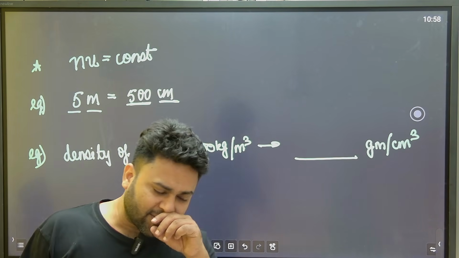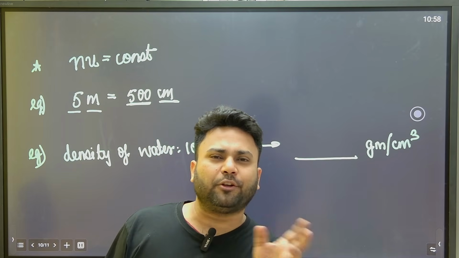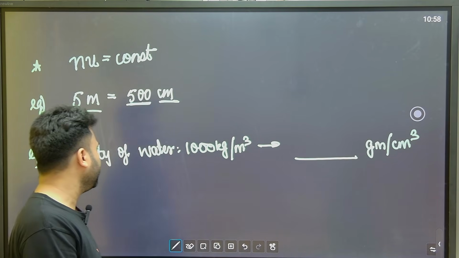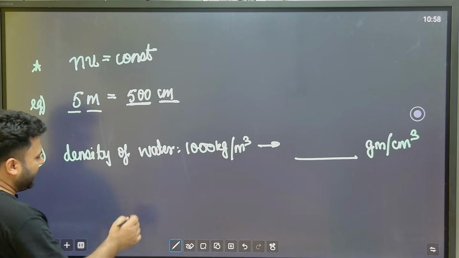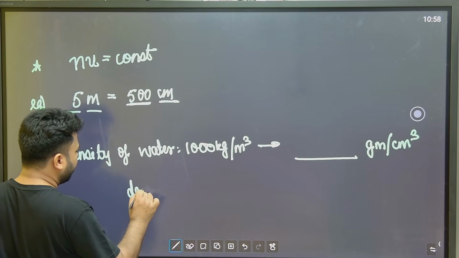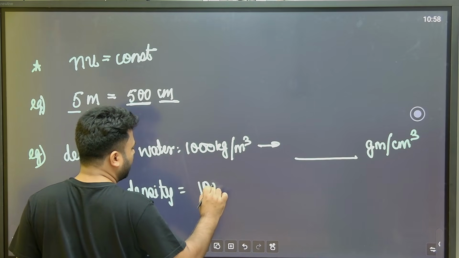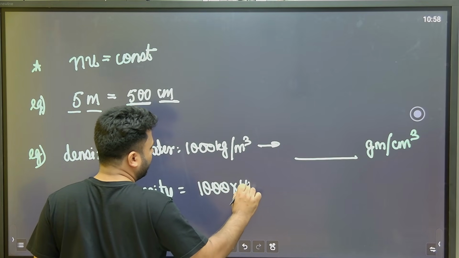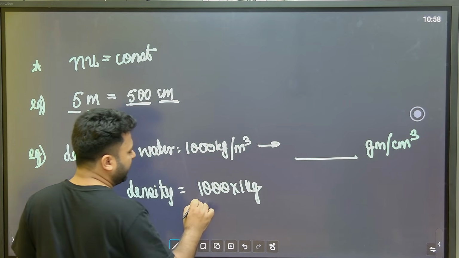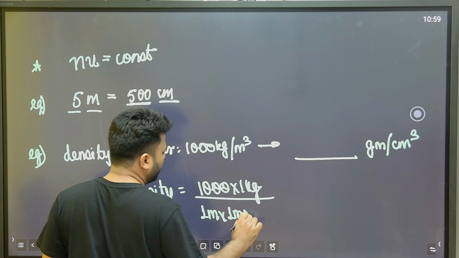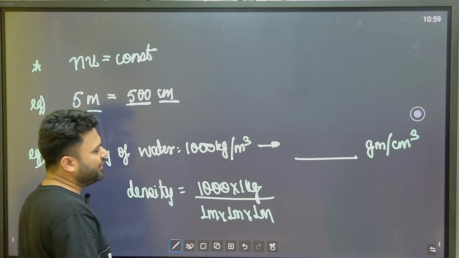If they ask from SI unit to CGS unit, it is very easy. See what we have to do. The density they have given is 1000 kg, so 1000 into 1 kg, per meter cube, which means 1 meter into 1 meter into 1 meter.